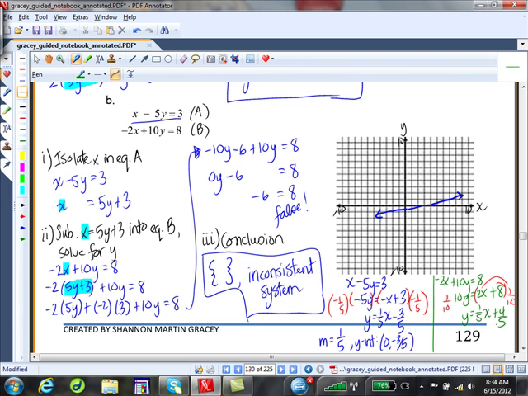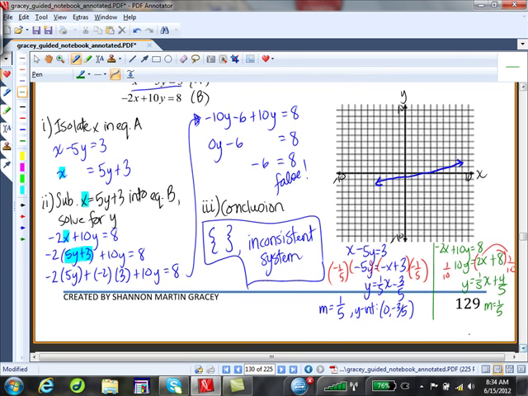So our slope is the same, and look, our y-intercept is different. Our y-intercept is 0, 4/5, which means we have parallel lines. So 0, 4/5 will be up here somewhere. And then up 1 and then 1, 2, 3, 4, 5.